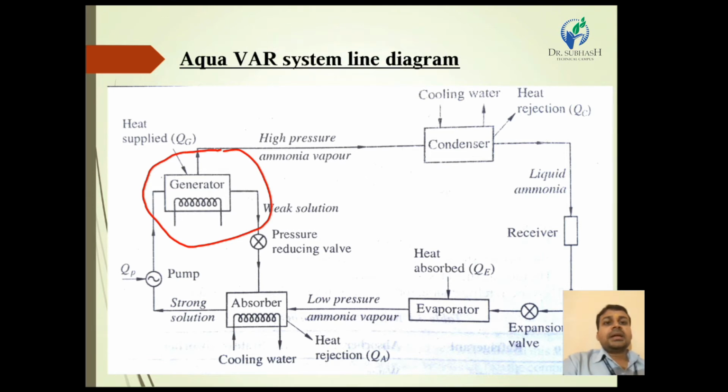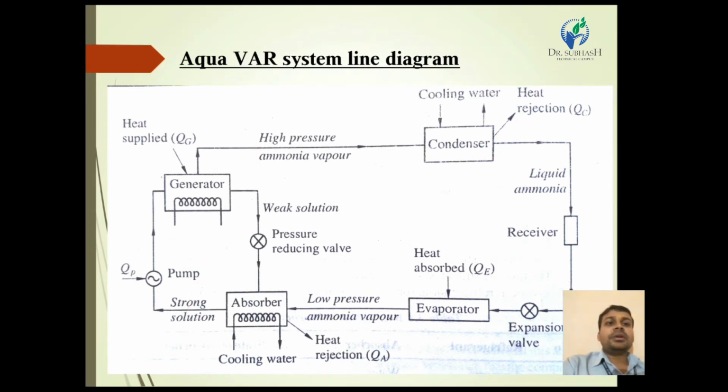Then the ammonia vapor and H2O vapor pass toward the condenser. In between the generator and the condenser, an analyzer and rectifier are mounted for separating NH3 and H2O. NH3 is the lighter, low-density material and H2O is the heavier, high-density material, so we can easily separate them in the analyzer. The analyzer completely separates the H2O and returns it back to the generator.